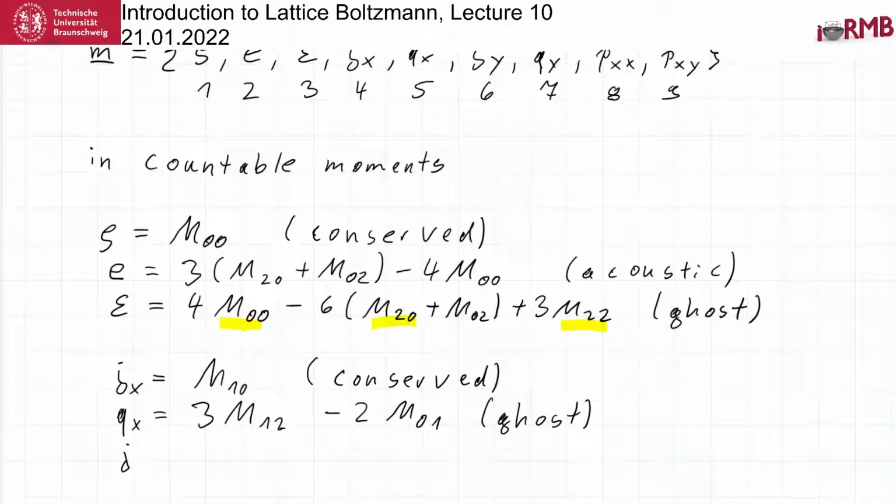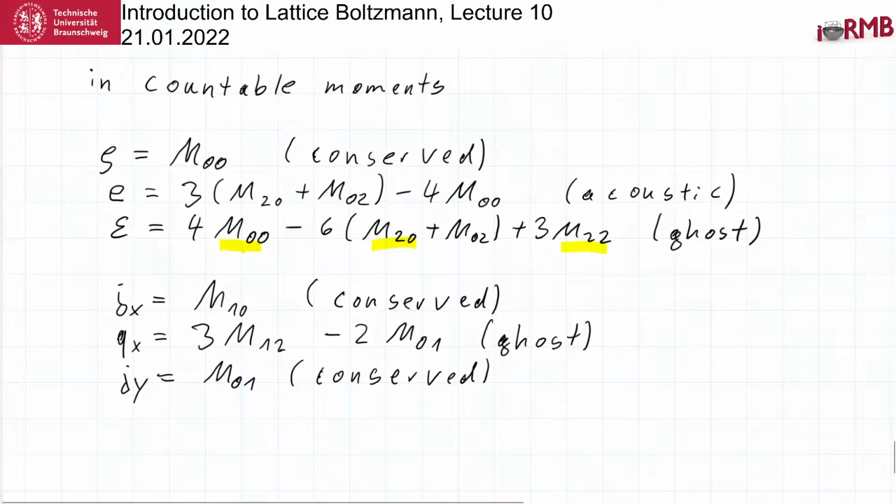Then they go on with the momentum in y direction. So this is m01. This is again conserved. I really don't get why they put it in this random order.